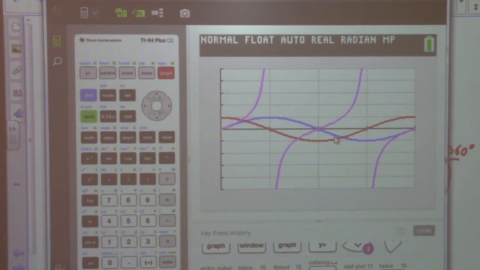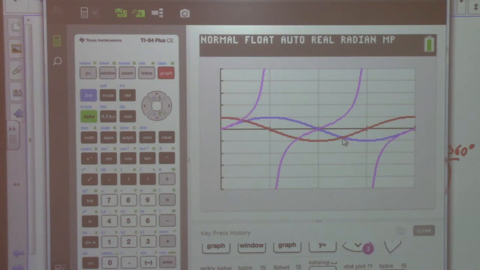Because it is really, actually, the blue thing divided by the, let's see, the red, yeah, it's sine over cosine. So it's the blue thing divided by the red thing. Okay, that divided by that.